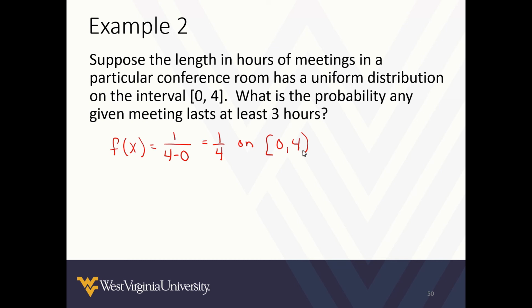So, as I said before, one of the options is to use calculus, and that would be to do the probability of x greater than or equal to 3. And we would integrate from 3 to 4 of 1/4 dx, and that would equal 1/4. This course is not considered to be calculus based, but I did want to give you an FYI. The alternative for us, though, is to simply draw a picture.